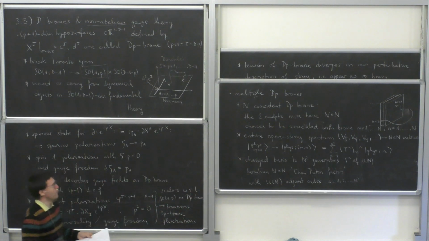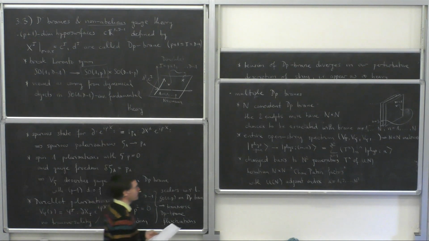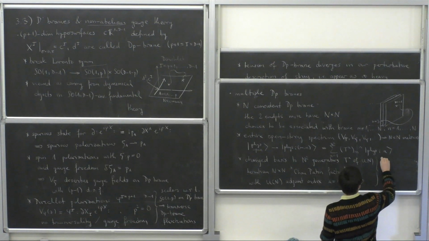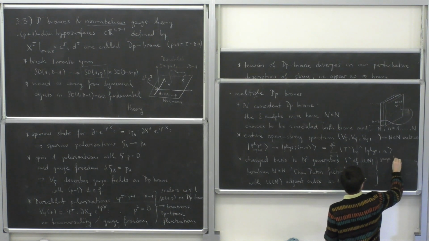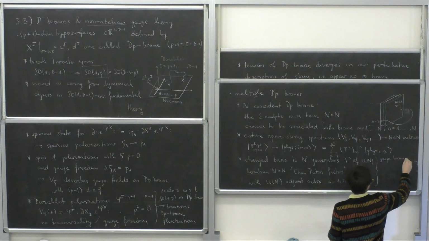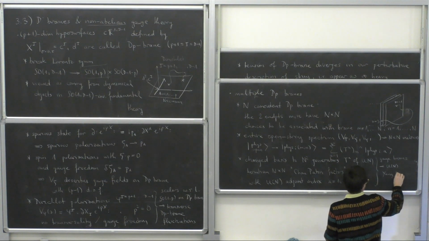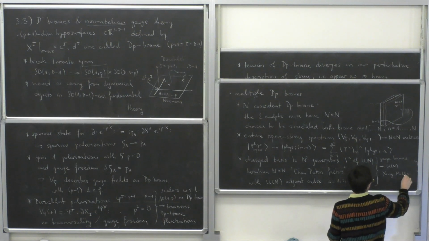Okay, so this is the way how non-abelian gauge interactions arise. So specifically, the gauge bosons in the massless sector form an SUN Yang-Mills non-abelian gauge theory on the brane.